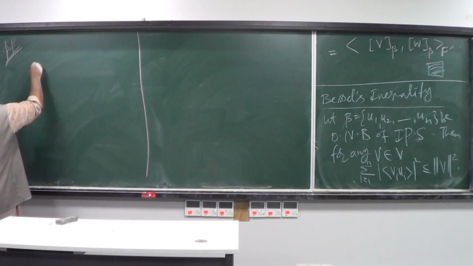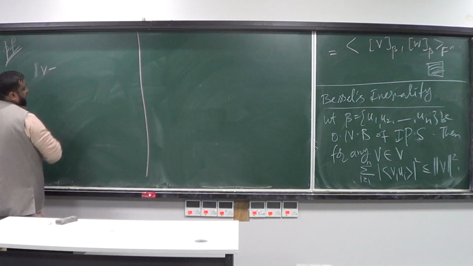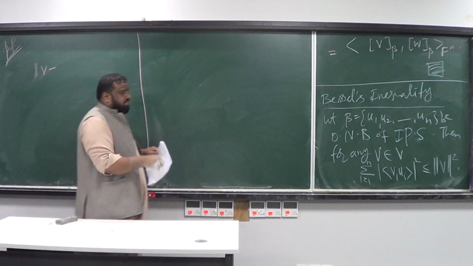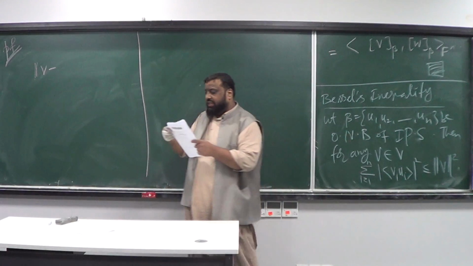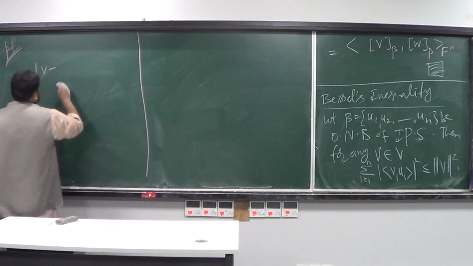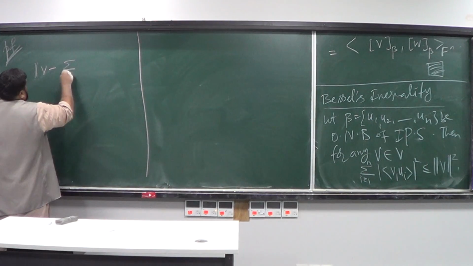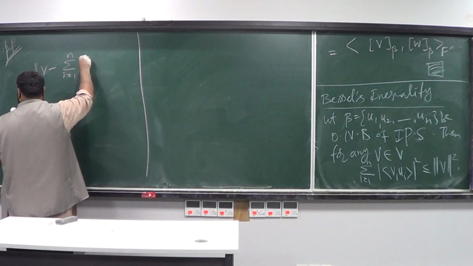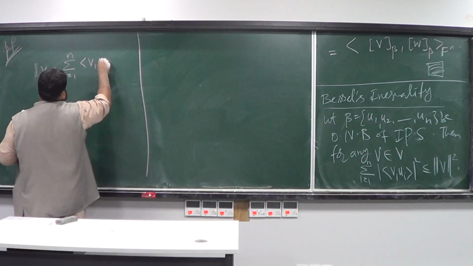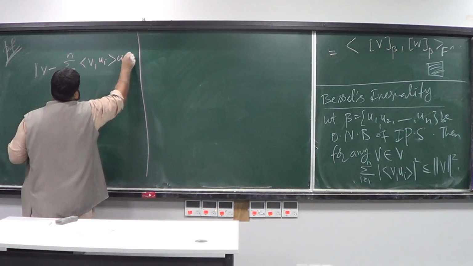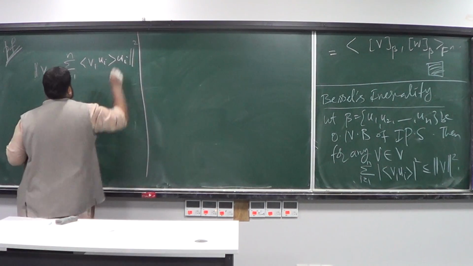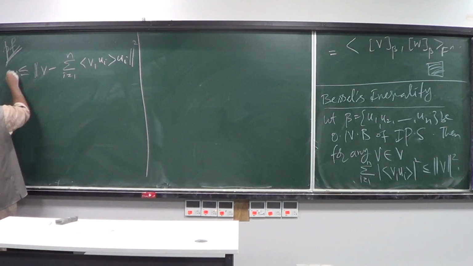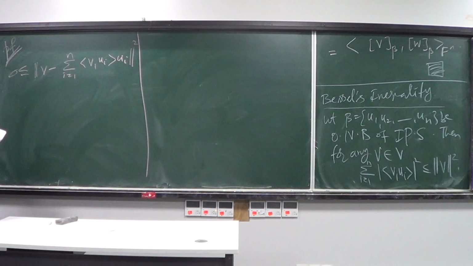Let us compute the norm of v minus the sum i equal to 1 to n of ⟨v, ui⟩ ui, squared. Obviously we know that this is going to be non-negative.